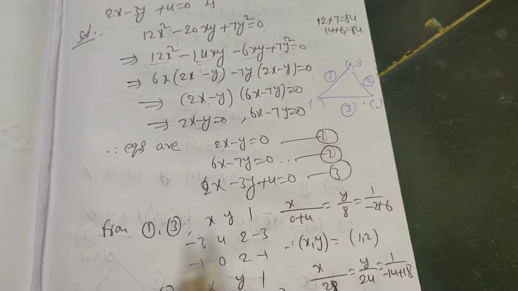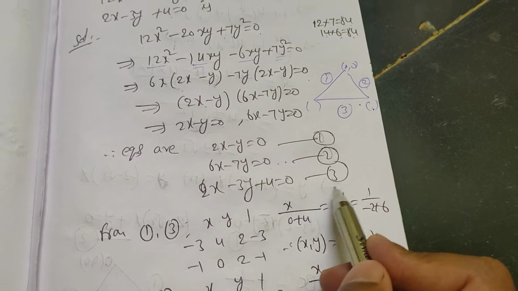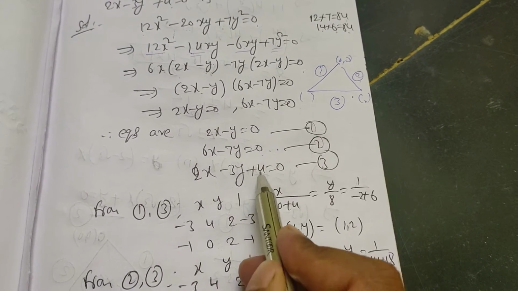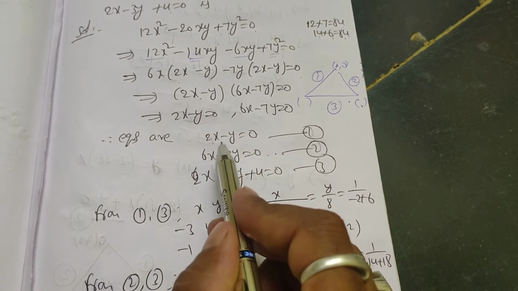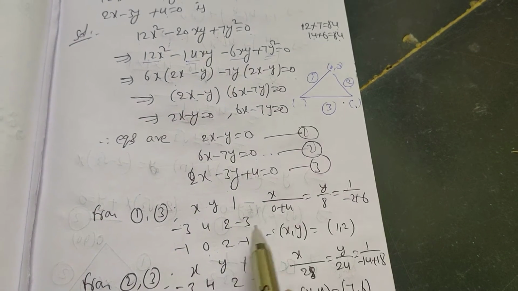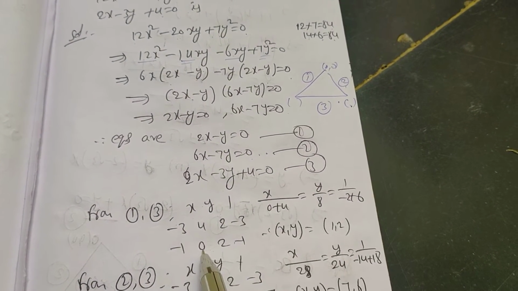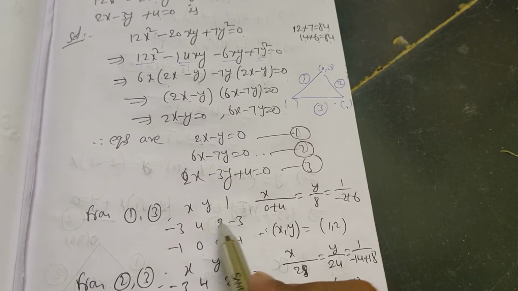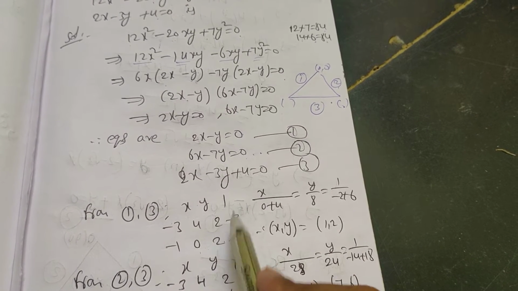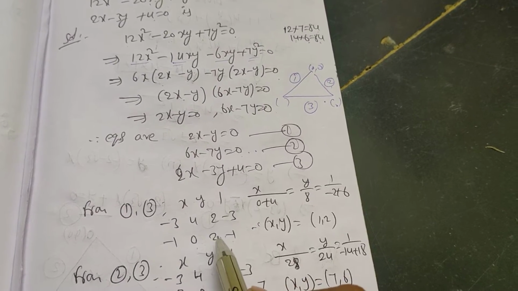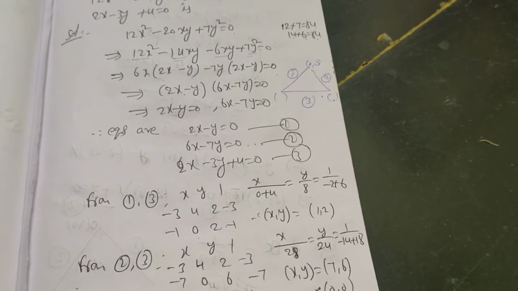x, y, 1. First I am writing the third equation's coefficients, starting from the y coefficient: minus 3, 4, 2, minus 3, and here minus 1, so constant is 0, 0, 2, minus 1. So x by 0 plus 4, because of minus 4 plus 4, y by 4 twos are 8 minus 0, 1 by minus 2 plus 6, because minus of 2 into minus 3 is plus 6.